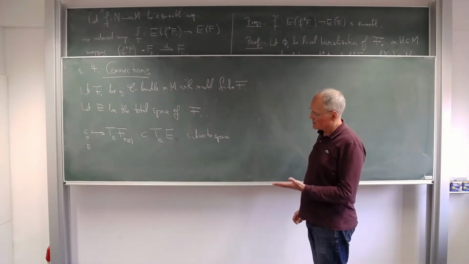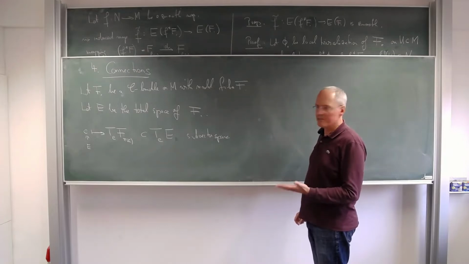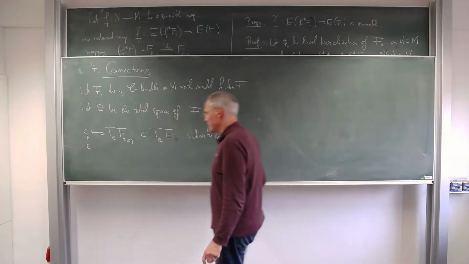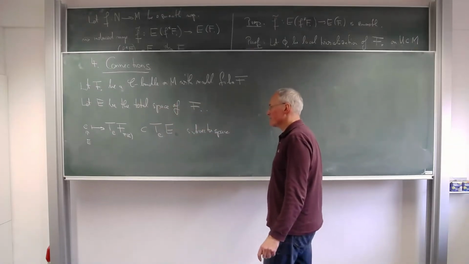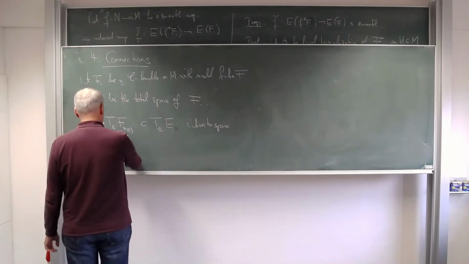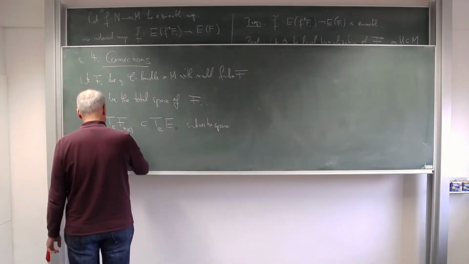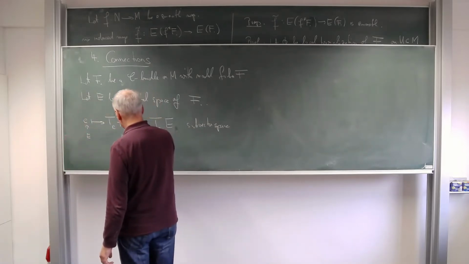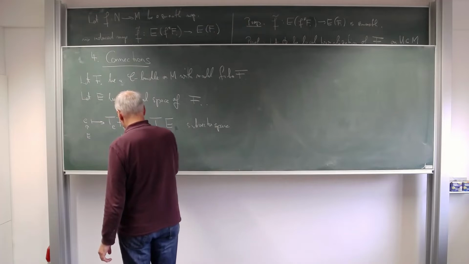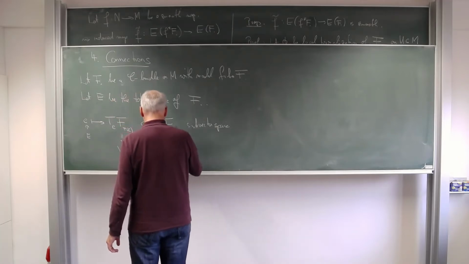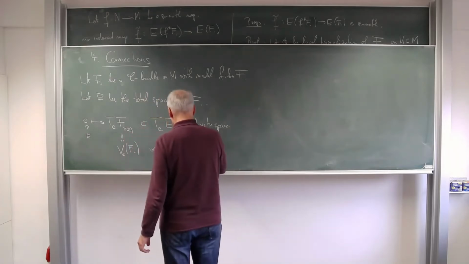So what this defines is a pre-bundle, right? To each point I associate a certain vector space, and this is called the vertical bundle. Denote this from now on as V, for vertical, at the point e of my bundle E. So that's the vertical bundle.